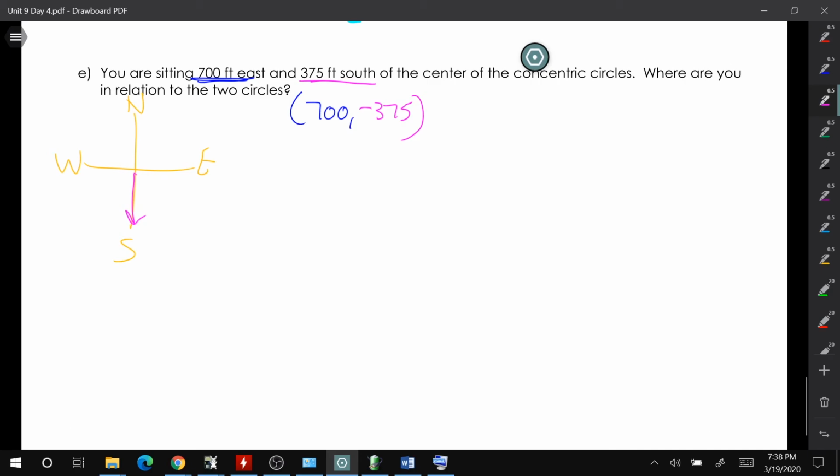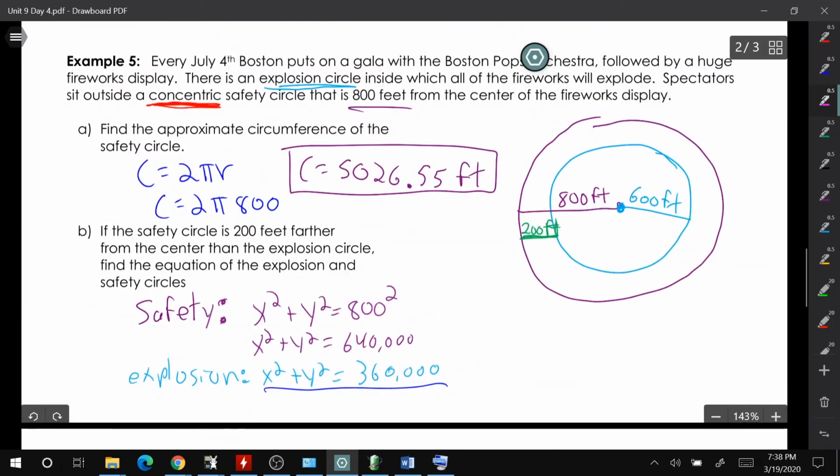Where are you in relation to the two circles? So are we inside the explosion circle, in the safety zone, or even outside the safety zone? In order to do this, I'm going to use the safety equation, because that circle is the biggest.